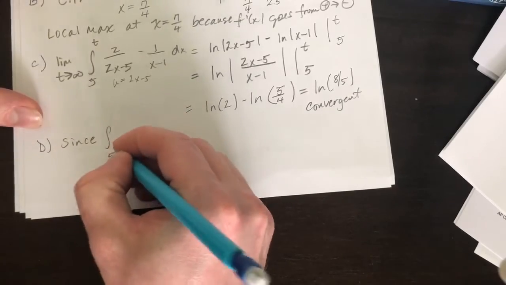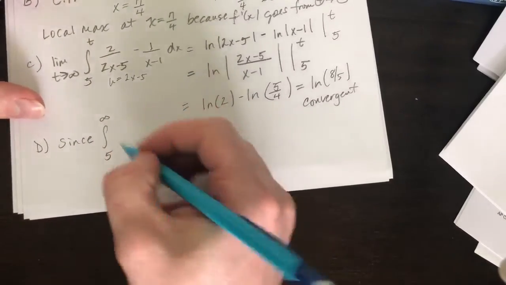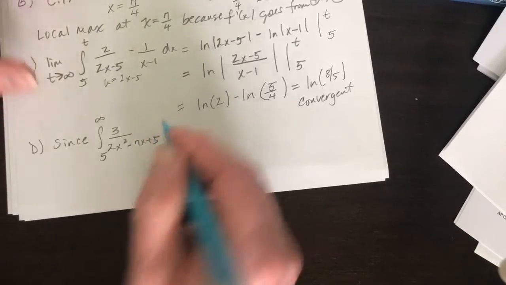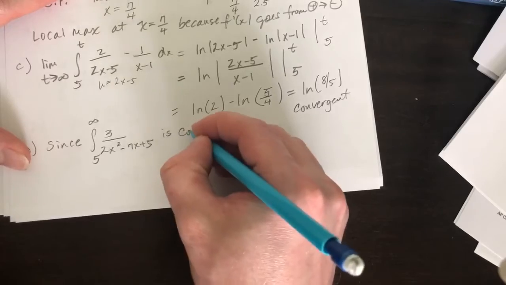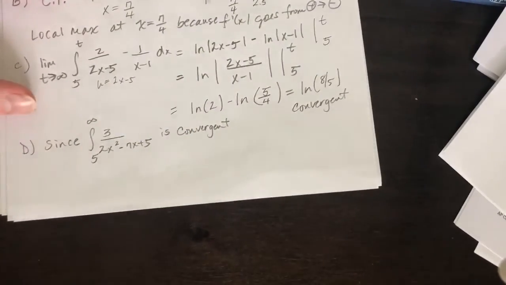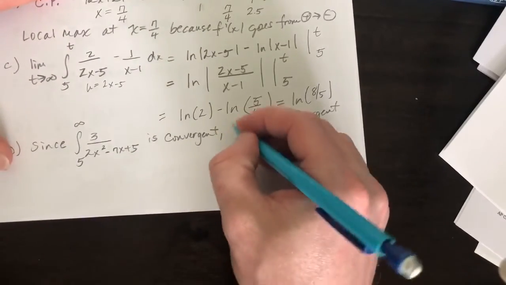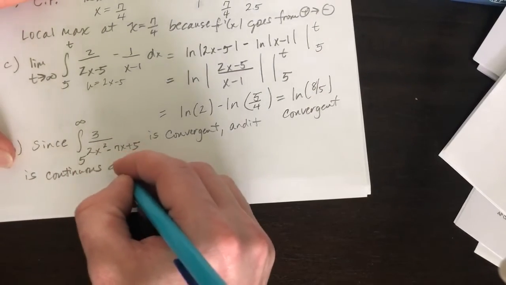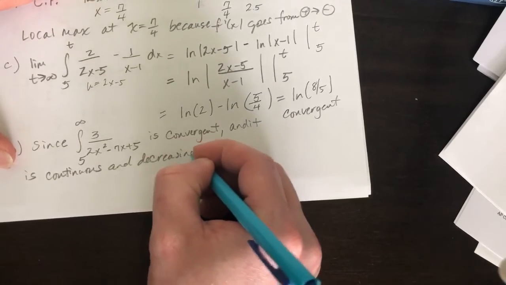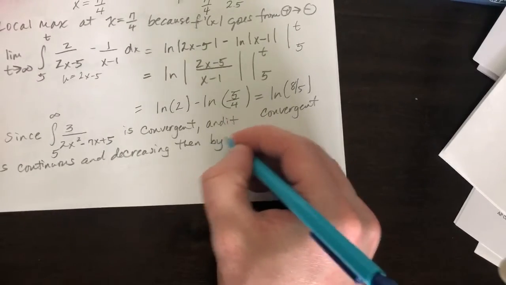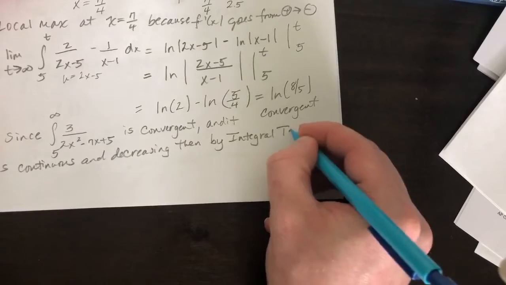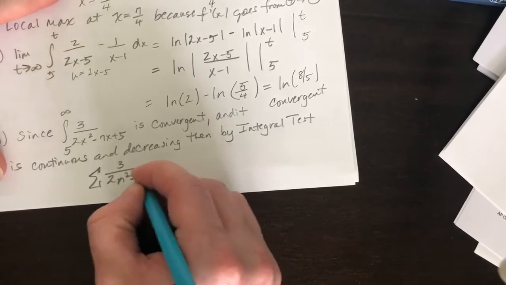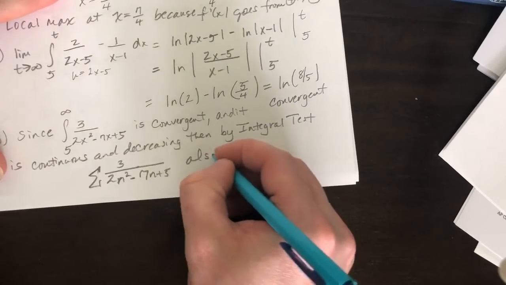Since the integral from 5 to infinity of 3 over 2x squared minus 7x plus 5 is convergent, and it's continuous and decreasing, then by the integral test, the series of 2n squared minus 7n plus 5 also converges.